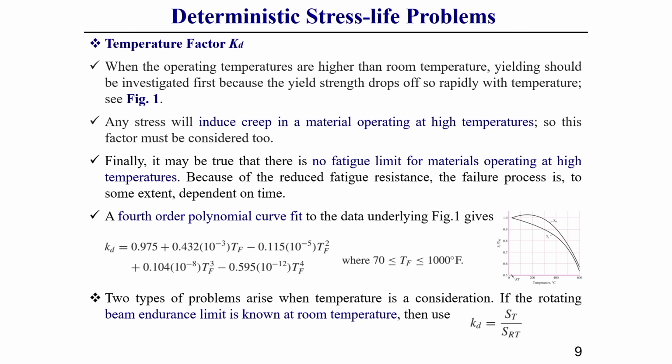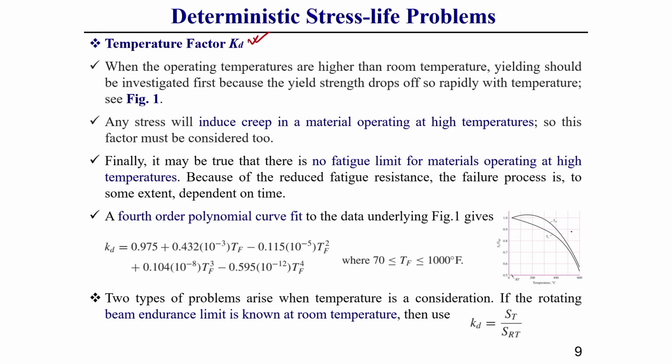Okay. Now, the temperature factor, which is called Kd. We know temperature has a significant effect on the yield stress as well as the ultimate stress value. I have already discussed this in the lecture on creep related fundamentals.